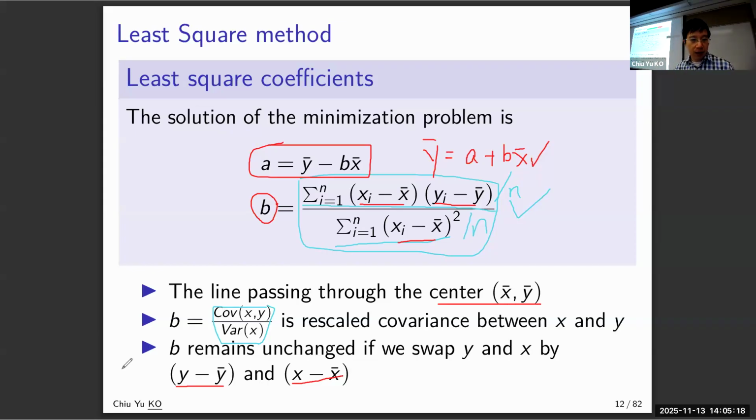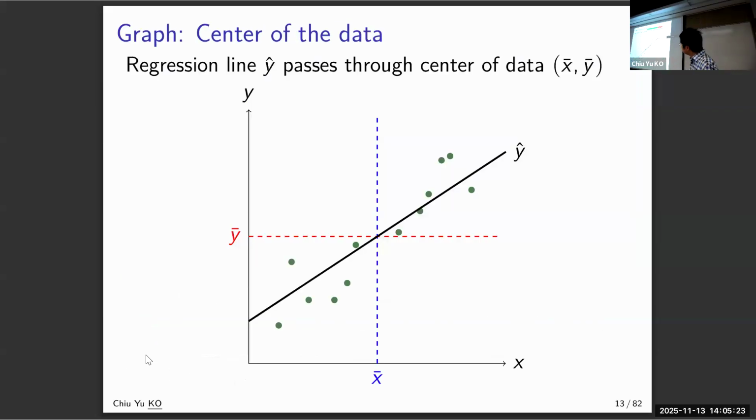Let me go to the picture again. So this is what I said, the regression line passes through the center of the data. The data is green. What is x here? x bar is the mean of x. Just to recall, what's the mean?